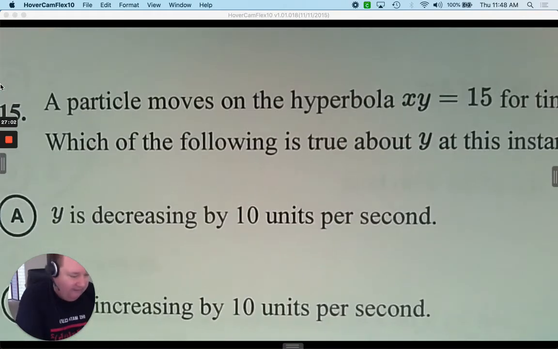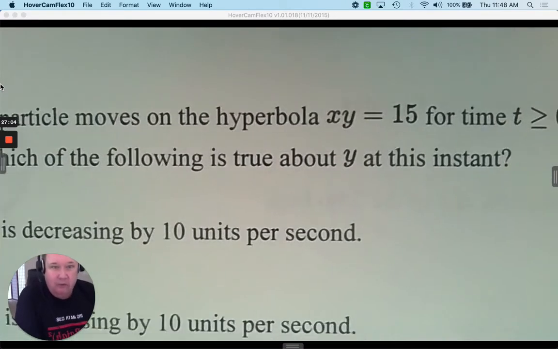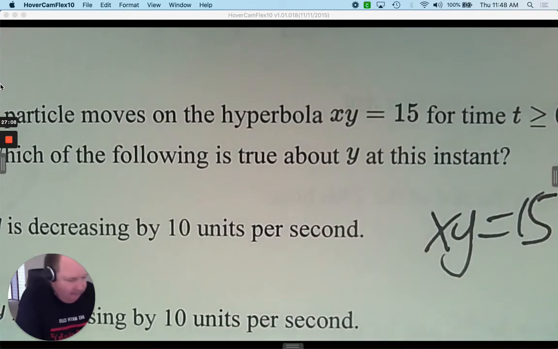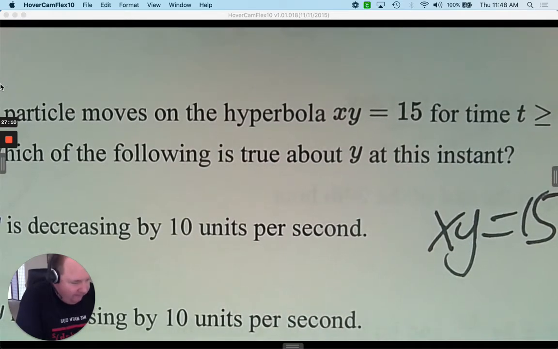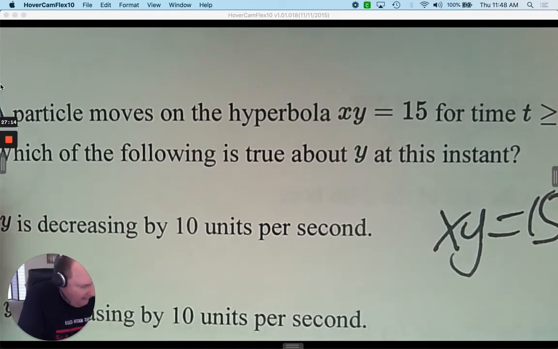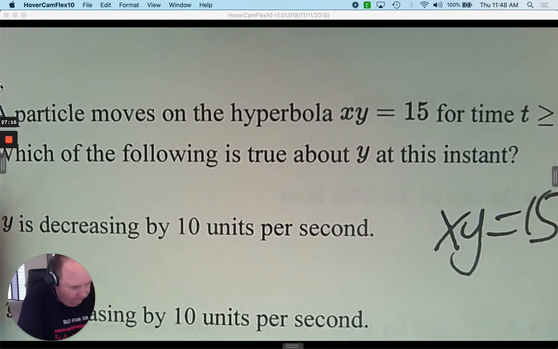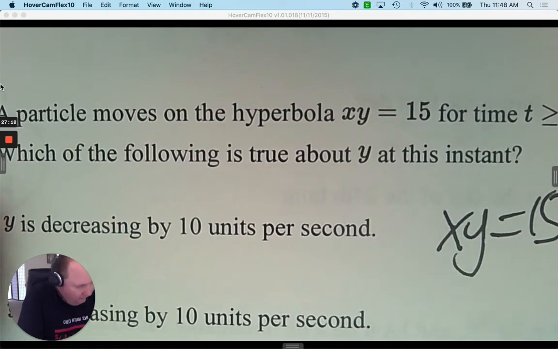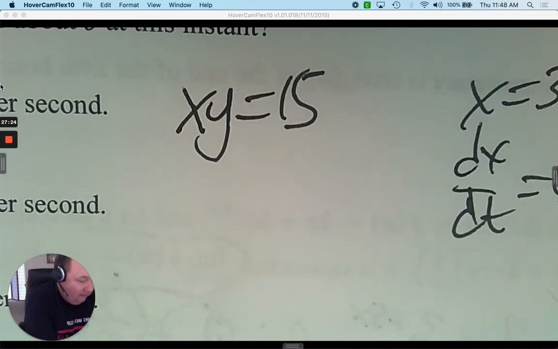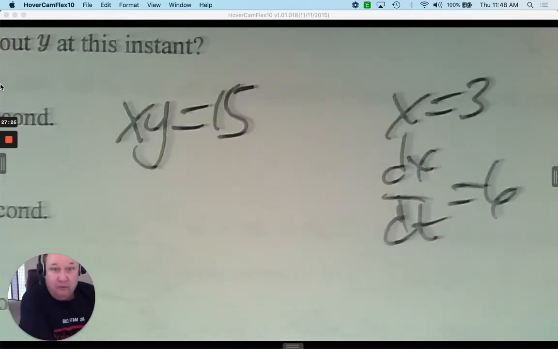Number 15. A particle moves along a hyperbola, x times y equals 15. At a certain time, x is equal to 3. dx by dt is equal to 6. Which of the following is true about y at this instant?